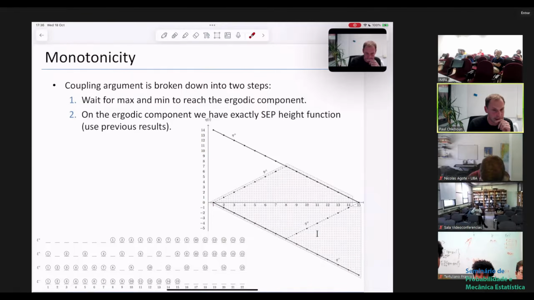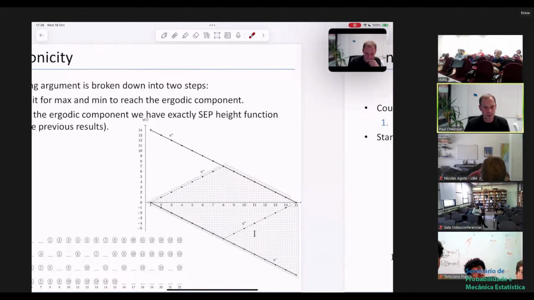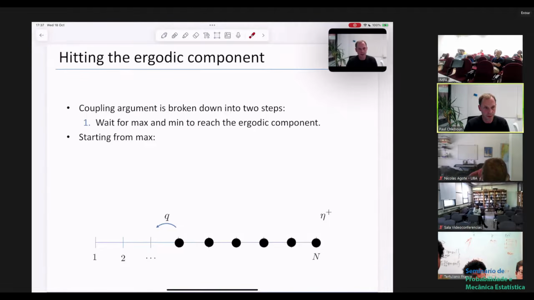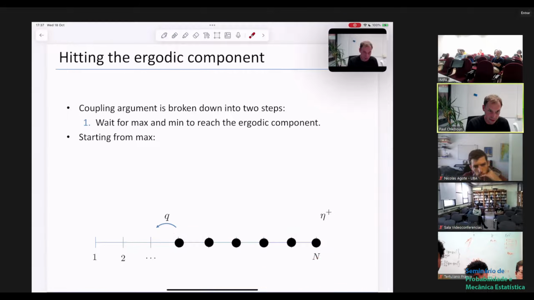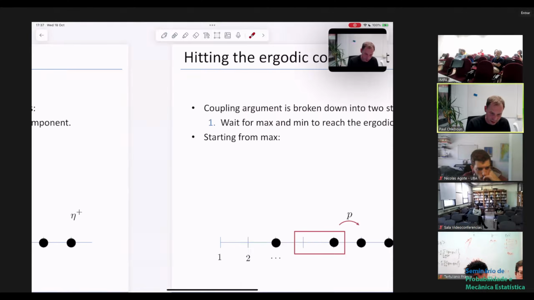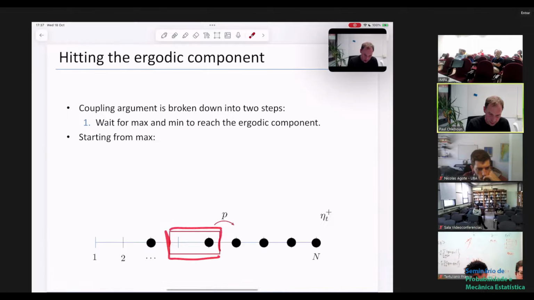Okay. And now comes the comparison with the open boundary simple exclusion process. So if we start from the maximal configuration for the facilitated exclusion process, the only thing that can happen initially is this particle on the left can move left by 1, which corresponds to introducing a dimer on the right of this particle.